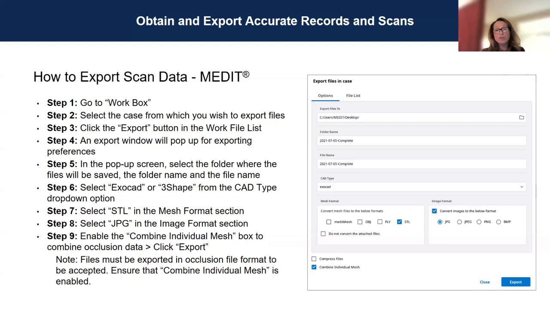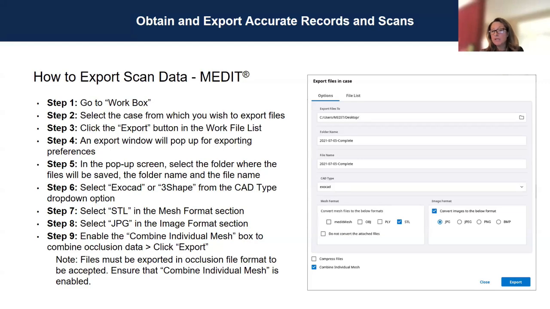So with Meta, you would go to the workbox and select the cases you wish to export. Then you're going to go to the work file list, and an export window will pop up with your exporting preferences. Select exocad, just as it has right here.